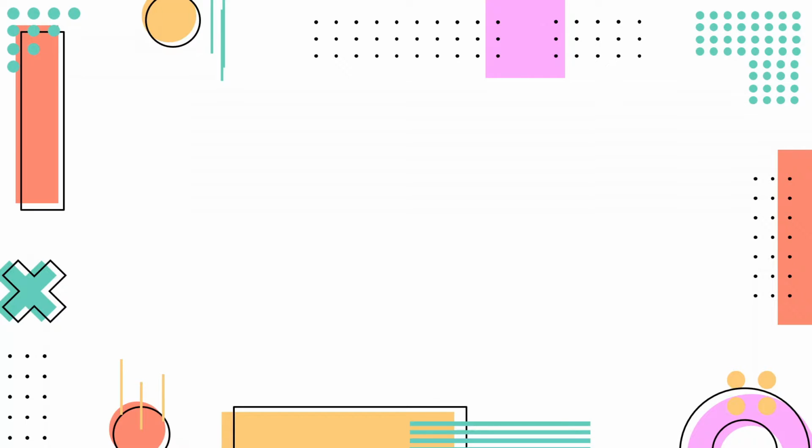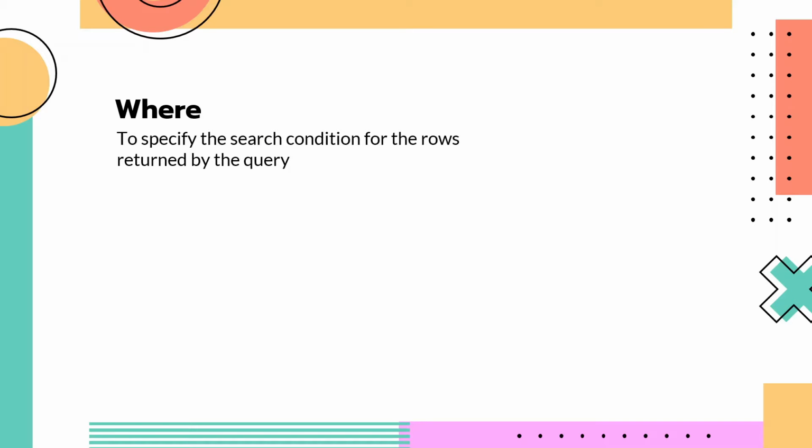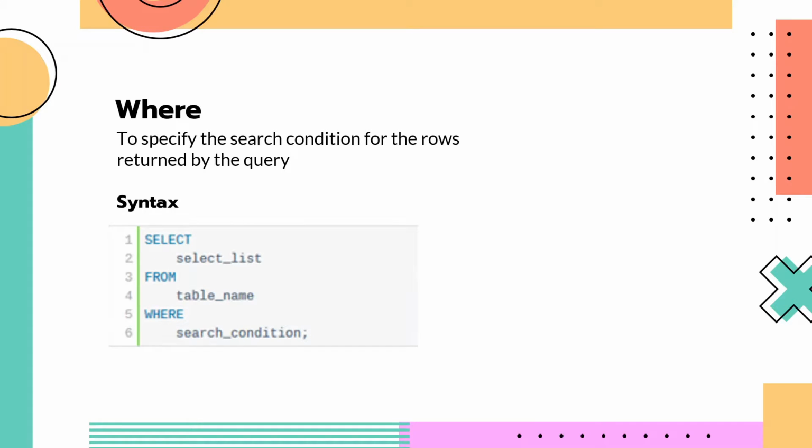Next, we are going to discuss about several syntaxes that are used for filtering data. First is the where clause. The where clause allows us to specify the search condition for the rows returned by the query. This image shows the syntax of the where clause.